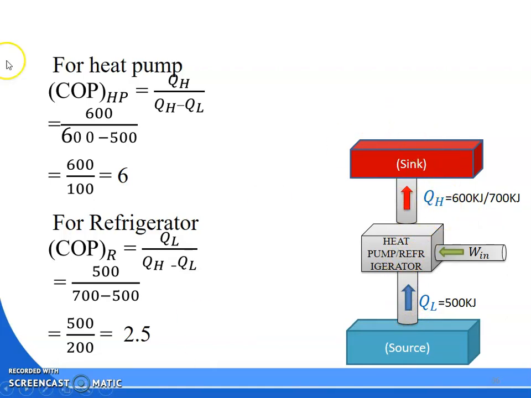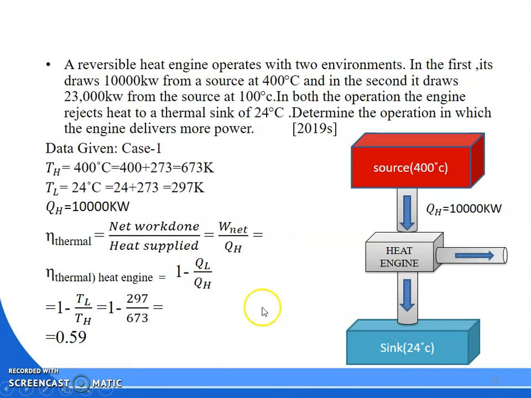So for the heat pump, what is your desired output? QH. For the refrigerator, what is your desired output? That is your QL. Clear? These are the formulas we are using. Now see the next question.